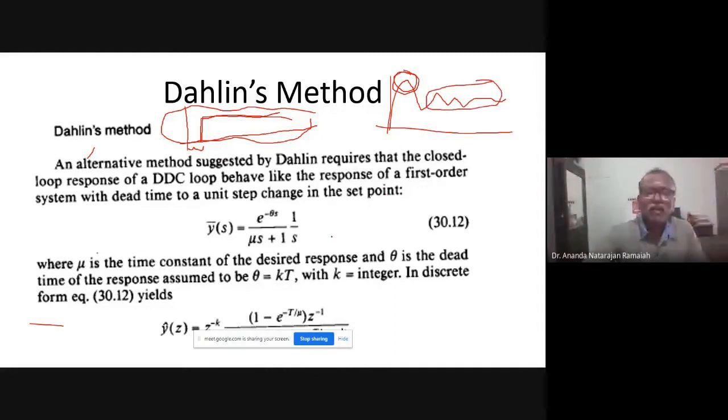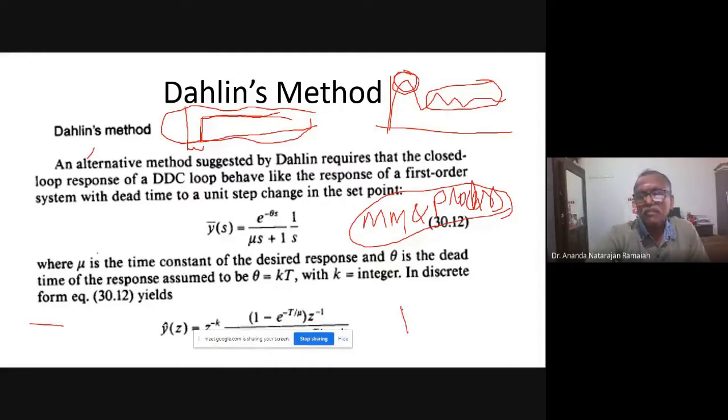That is the drawback of the deadbeat algorithm, when the mathematical model and process are not exactly matching. Suppose you are taking 1 by 0.5 s plus 1 as a process, and for this you are designing the controller.